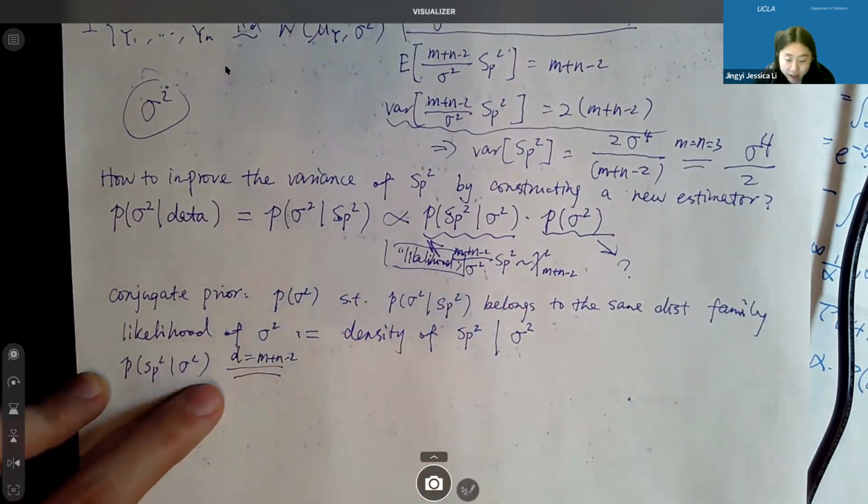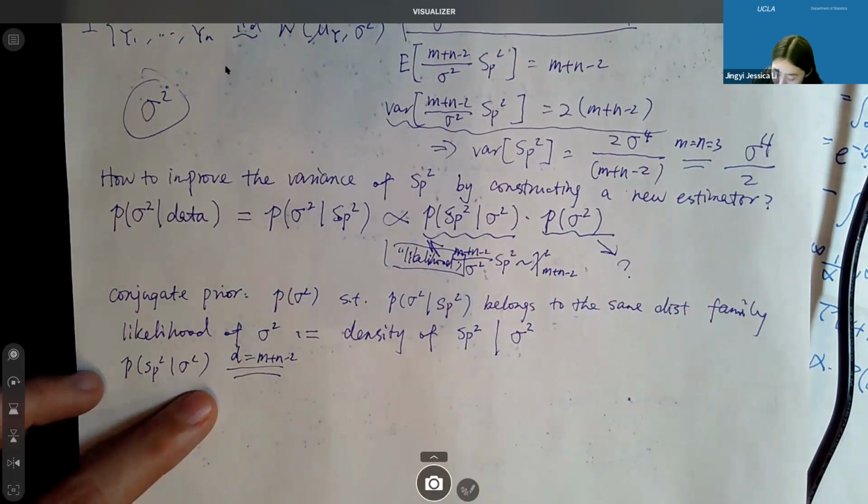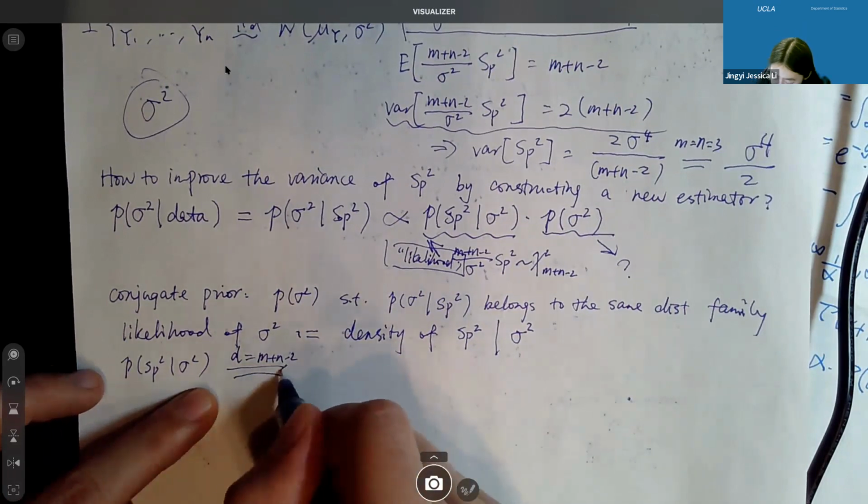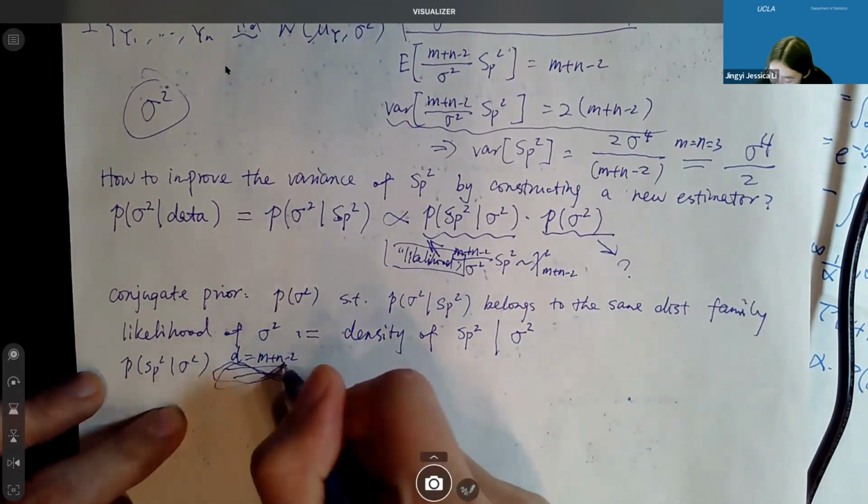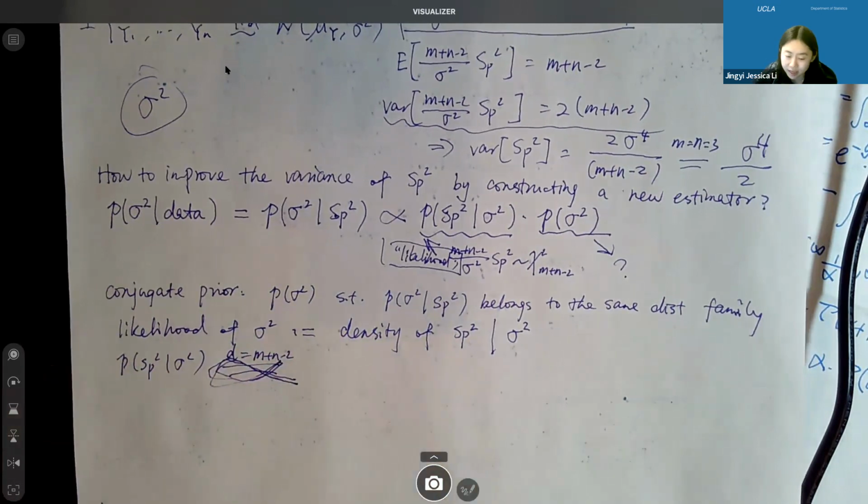Then we can simplify this density as proportional to. By writing this proportional to, I mean I ignore a lot of constants. I only keep the sigma square term and SP square term. Anything else, the constants, can be ignored.